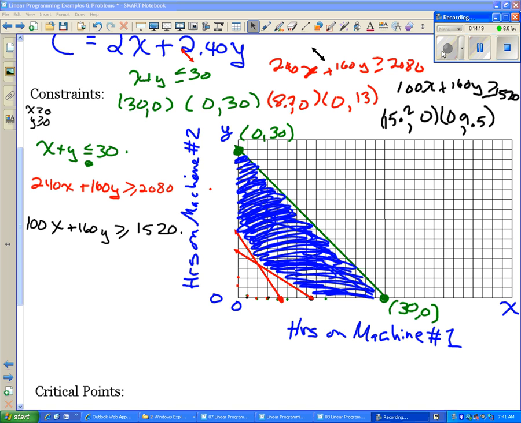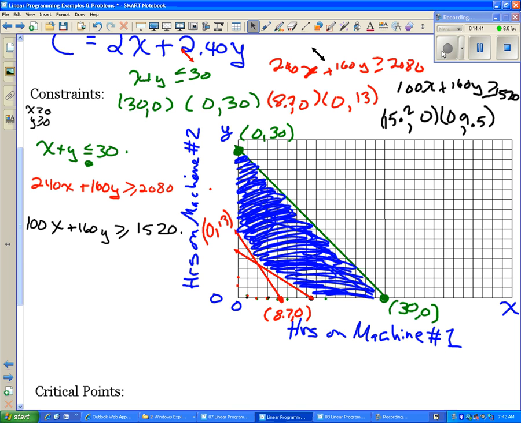So if I transfer all my points to the graph, I realize that up here I have (0, 30). I have (30, 0) down here. In red, I have the point (0, 13) and this point down here of (8, 0).